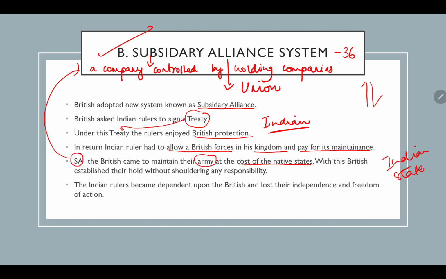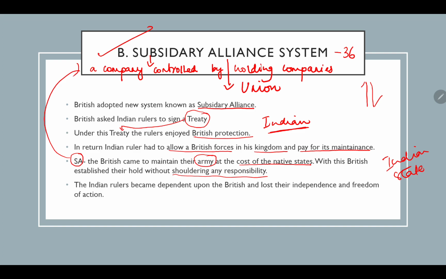The British established their hold without shouldering any responsibility. Their army was maintained free of cost, because all the expenditure required in maintaining the armies was given by the Indian kingdom.